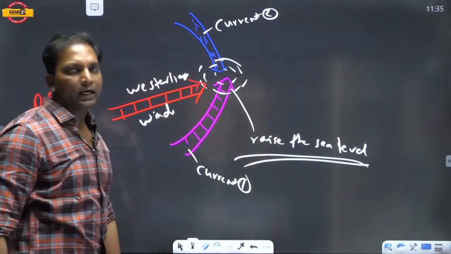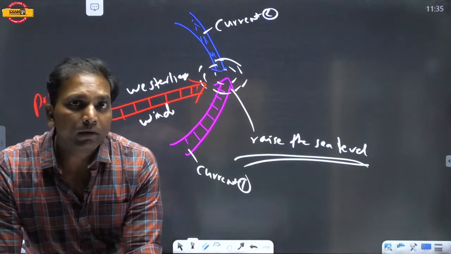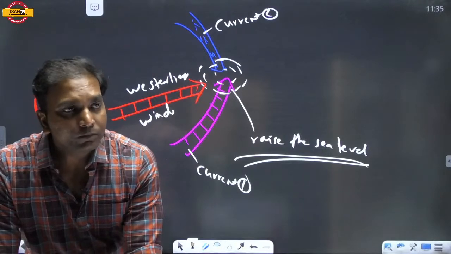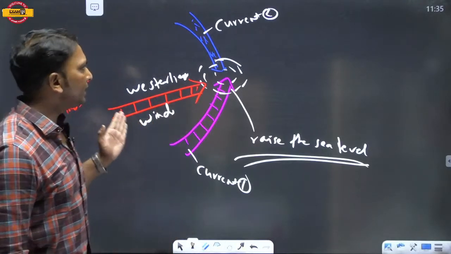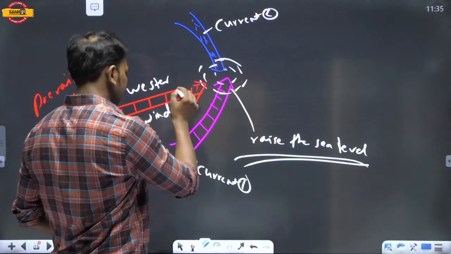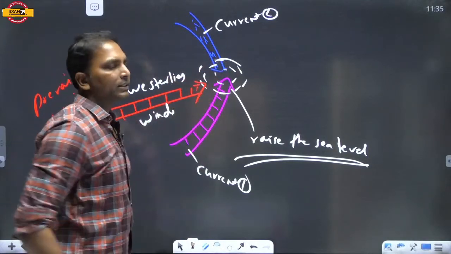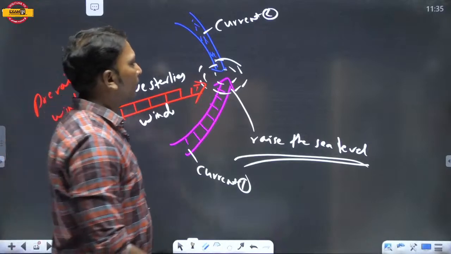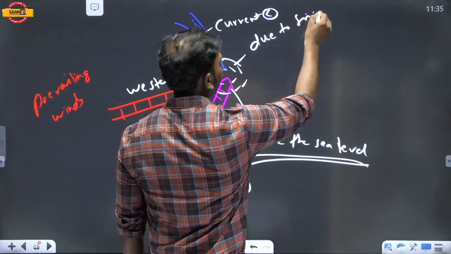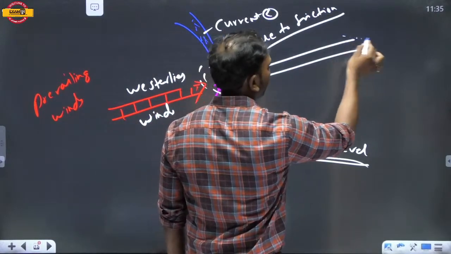So when these two currents bring down the maximum water or mix their water at a place, it will raise the sea level there, and because of the westerlies winds blowing above that surface of ocean, due to the friction, a new current will form here.